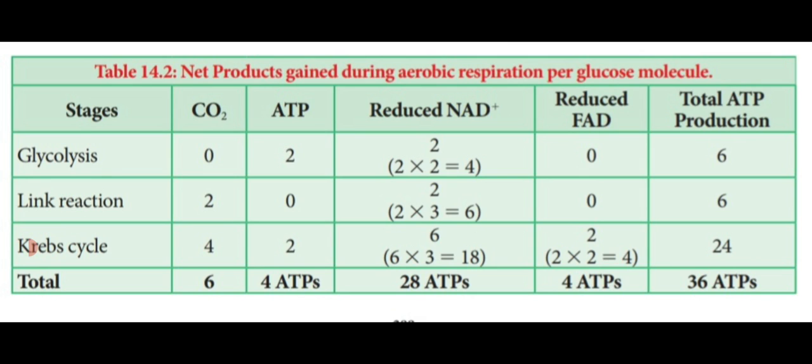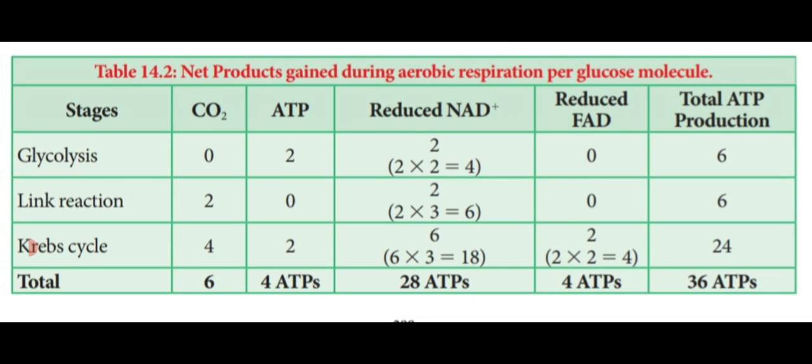So in glycolysis, 2 ATP molecules are produced. In the Krebs cycle also they produce 2 ATP molecules, so 4 ATP. During the electron transport chain, the coenzyme NAD gets reduced and produces 28 ATP molecules. Then FAD gets reduced and produces 4 ATP molecules. So the net gain of aerobic respiration is 36 ATP molecules.